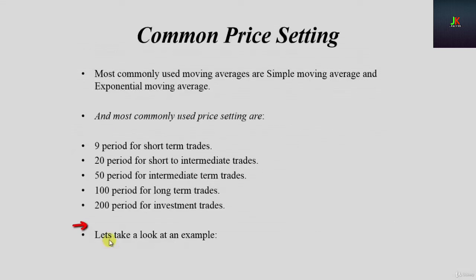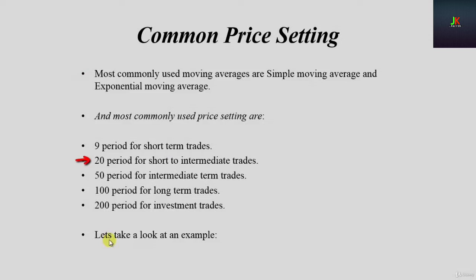Let's go ahead and see what the common price settings used to calculate a moving average are, or what the most commonly used moving averages are. For short-term trades, or trades no more than 2 or 3 days in length, people most often use 9-period moving averages.